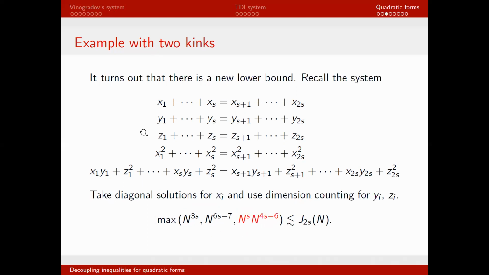And the point is that there is an additional lower bound for this system of equations. The idea is we do a tensor type argument, take diagonal solutions for one variable, and we do dimension counting arguments for the remaining variables. Then we get this additional lower bound. So the lower bound is also non-trivial. It depends on our manifolds.